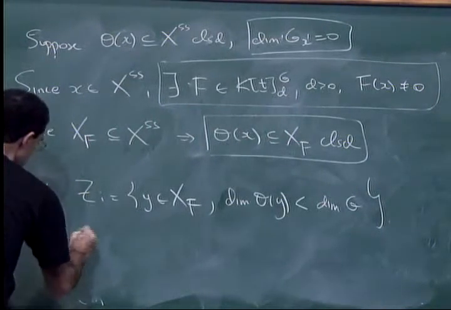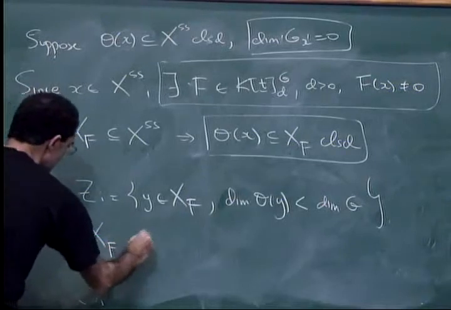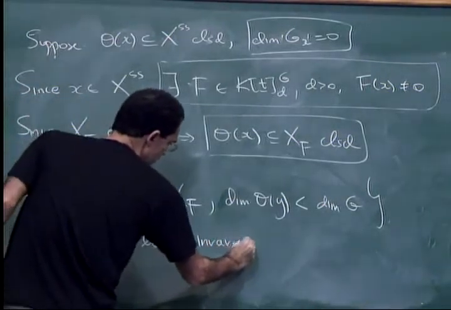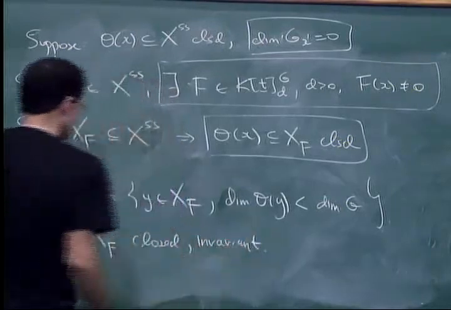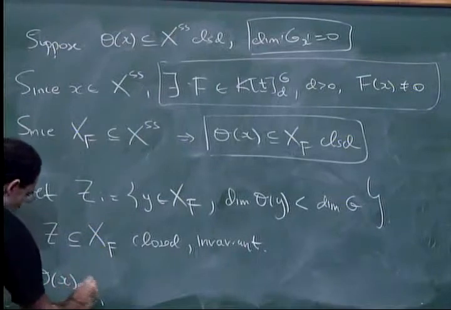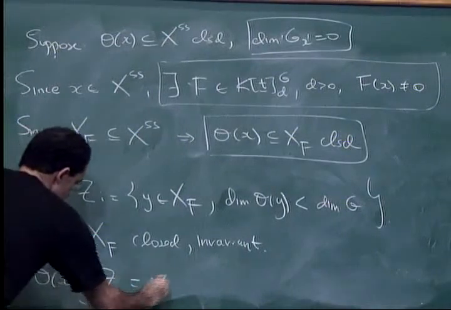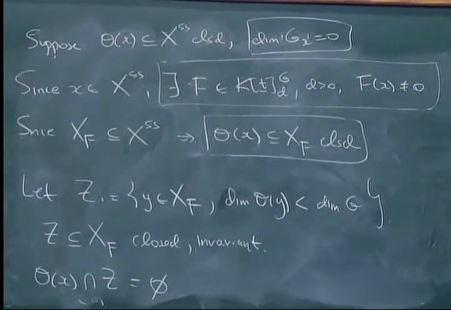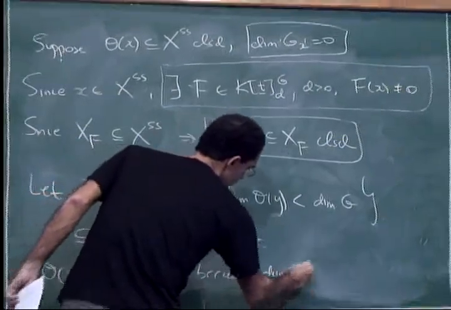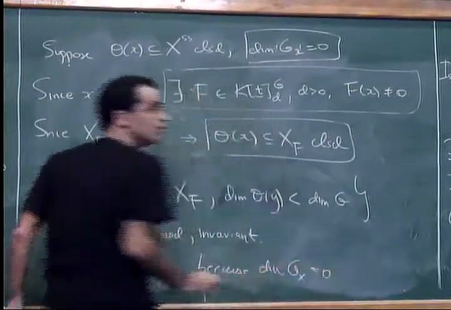So this is closed inside XF and invariant because of the condition on the orbits. Moreover, it doesn't intersect OX, because OX has the maximum dimension, the stabilizer being finite. Right? So this is because the dimension of Gx is 0.